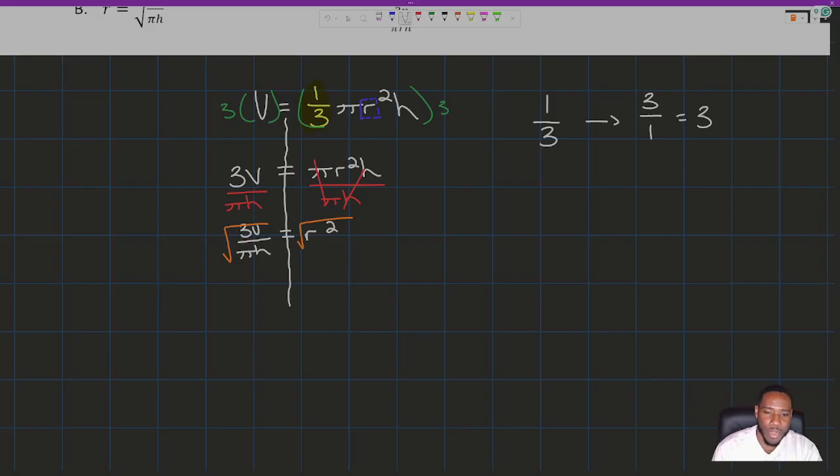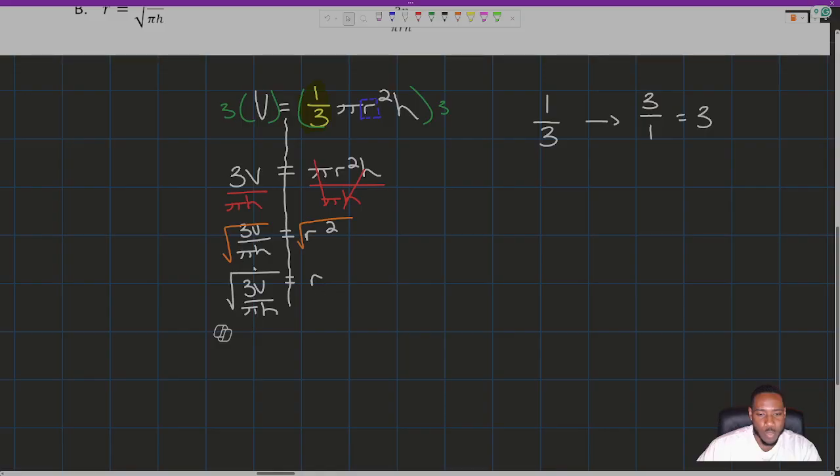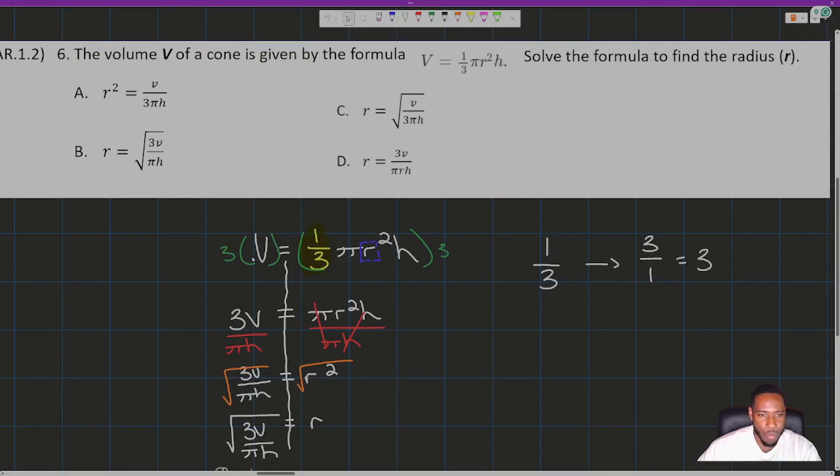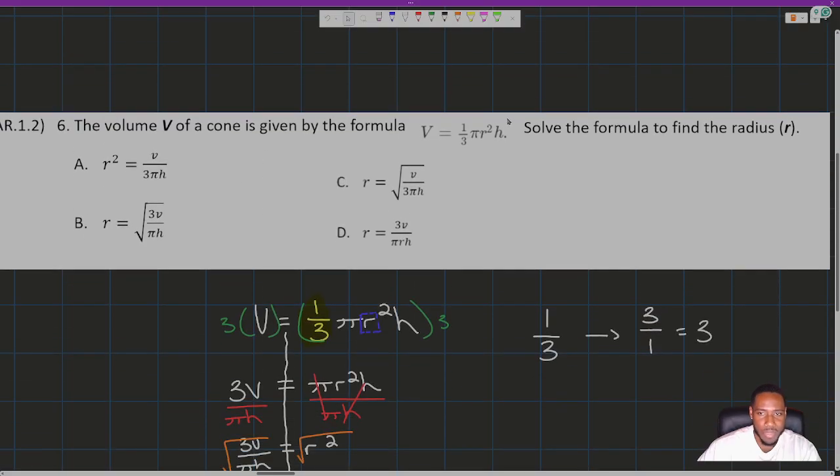Square root of r squared is just going to be r. And over here on the left, square root of 3v over pi h. There's no meaningful way to simplify that, so we're just going to write it all out. Square root of 3v over pi h. Let me make that h look a little more h-y. Better. And so we have an answer for this literal equation. And if we look at our answer choices, the closest looking one is B.